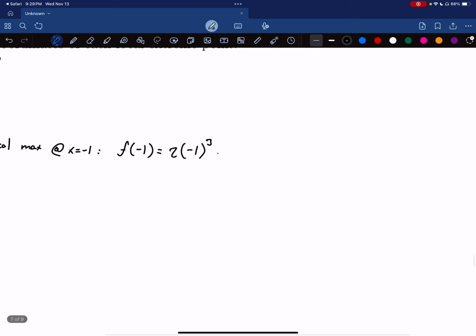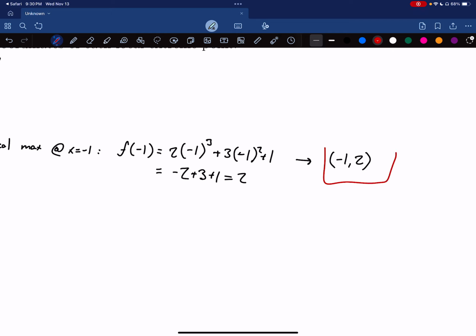Otherwise, the exponents might get a little wonky. All right, and this evaluates to -2 plus 3 plus 1, which equals 2. So our max will be at (-1, 2), because -1 is our x and 2 is our y.